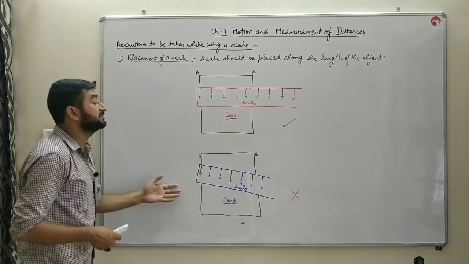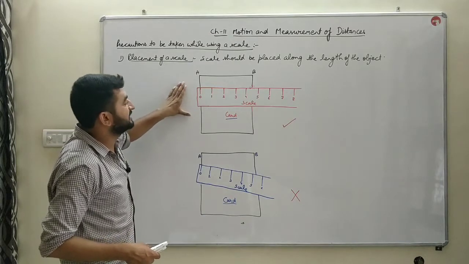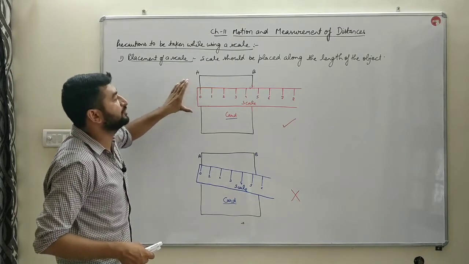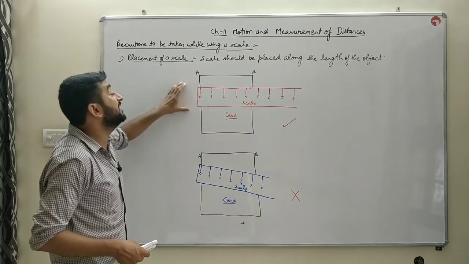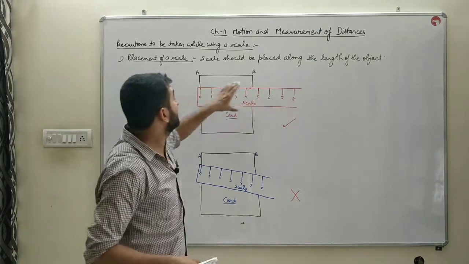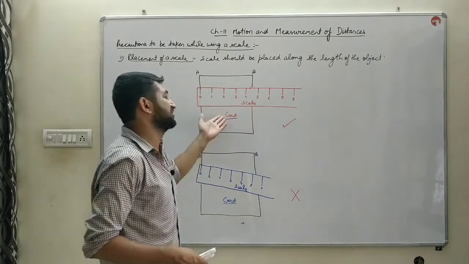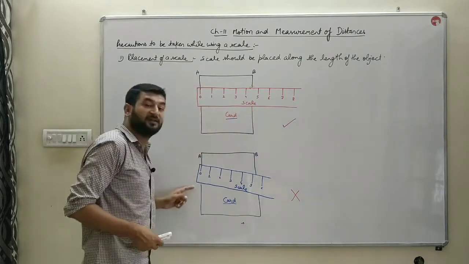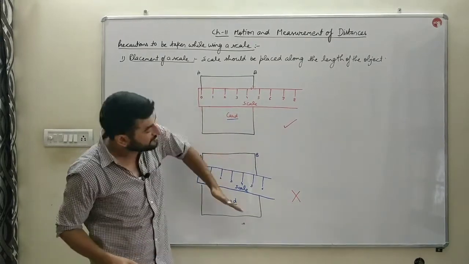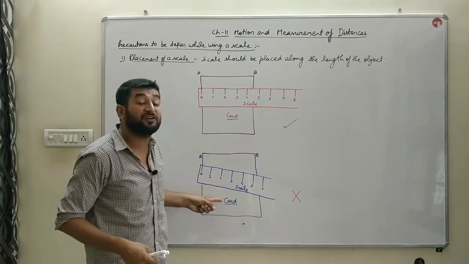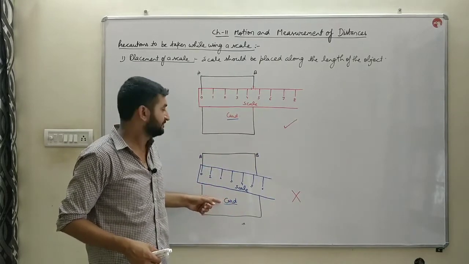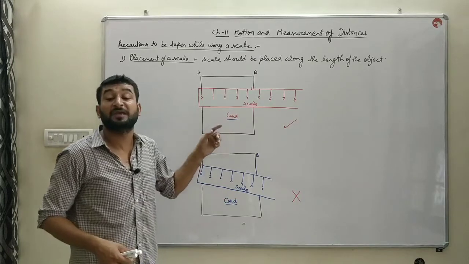As the diagram represents, bache, in the first we are measuring the length of a card, and the scale is placed exactly in a parallel position, as in a straight line over that card. Whereas in the second figure, the scale is slightly tilted. In this case, the measurement will be inaccurate, and in the other case, the measurement will be accurate.